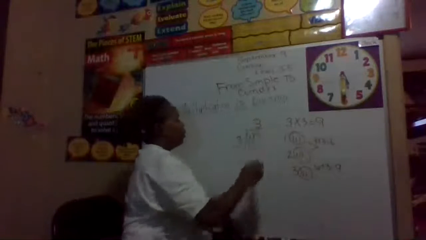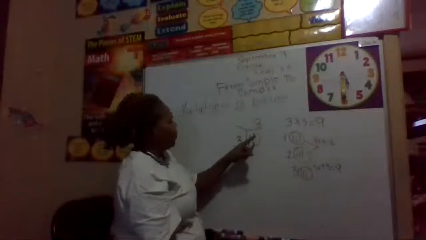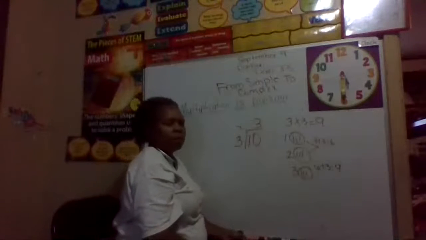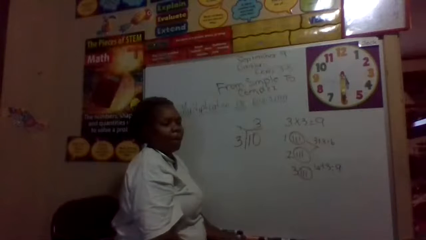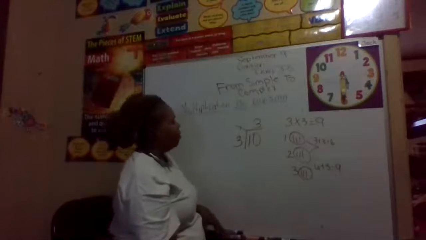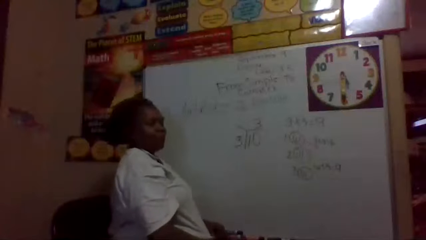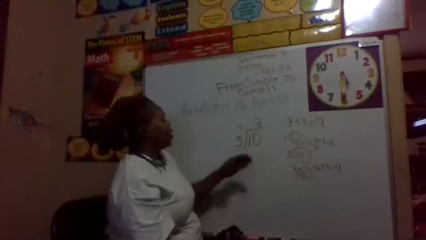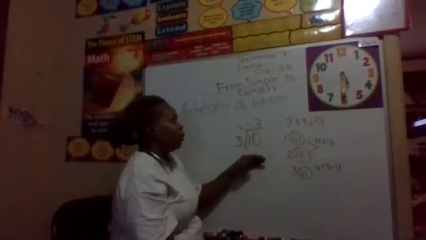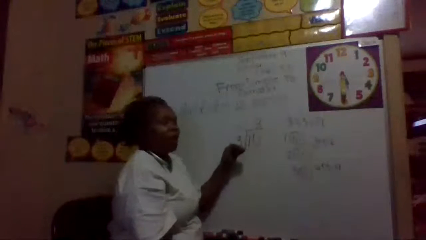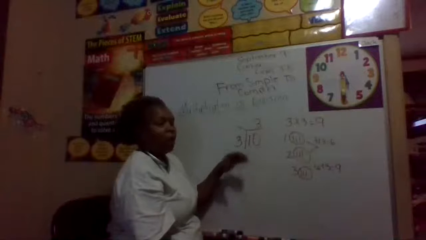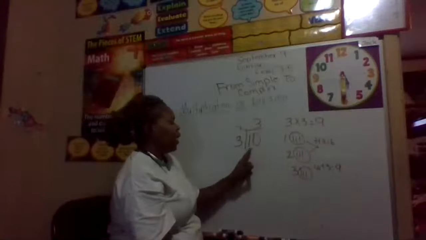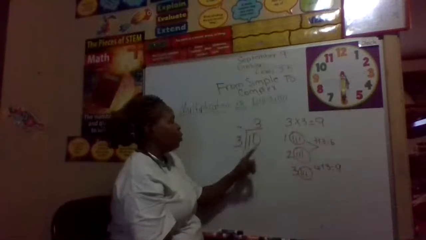So we're going to put in 9. If 3 times 3 equals 9, why did I put the 3 over the 0? Because we divided into the 10s, into the whole number 10.